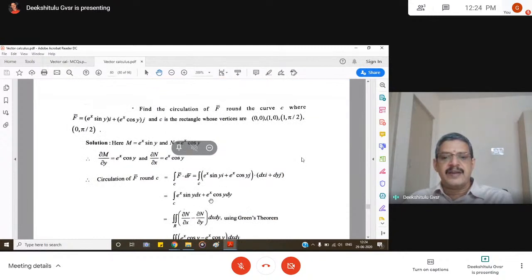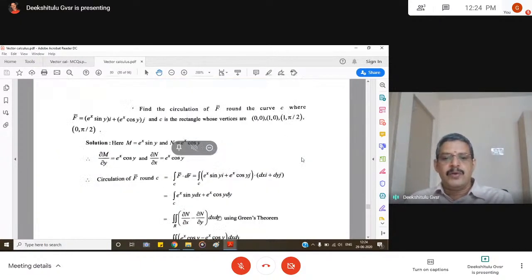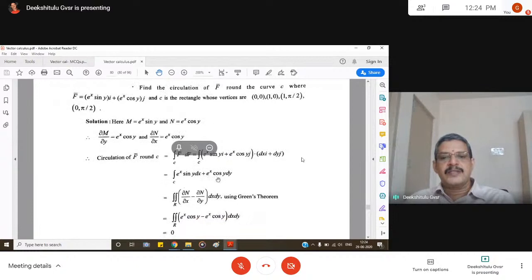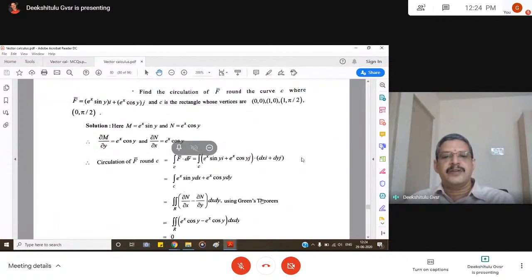What is N here? e power x cos y. So the integral of M dx plus N dy is equal to the double integral of dou N by dou x minus dou M by dou y dx dy using Green's theorem. Dou N by dou x is e power x cos y, and dou M by dou y is e power x cos y. So the circulation is 0.